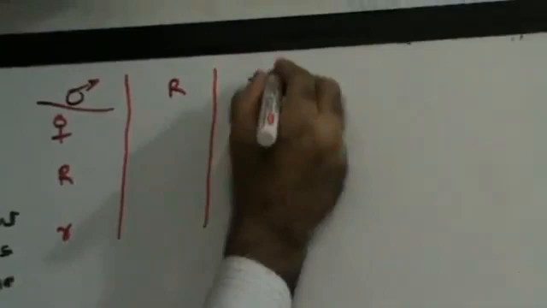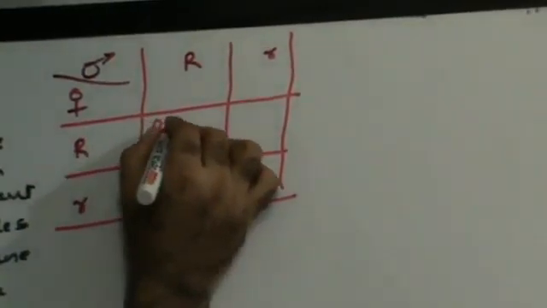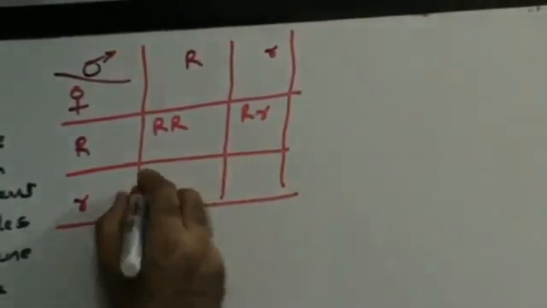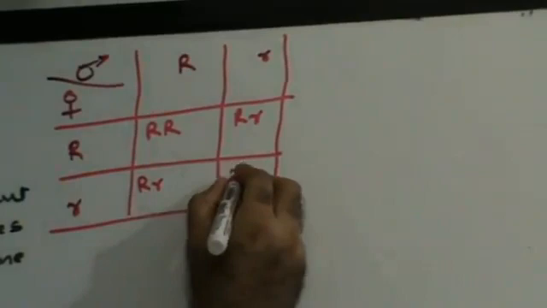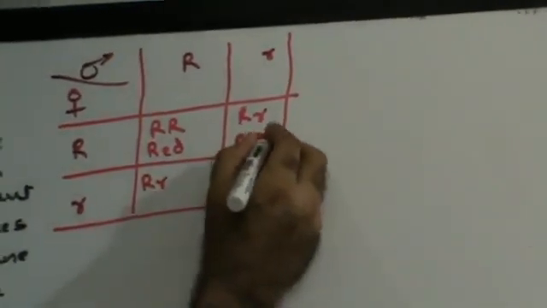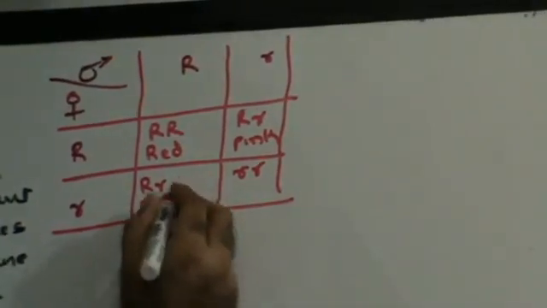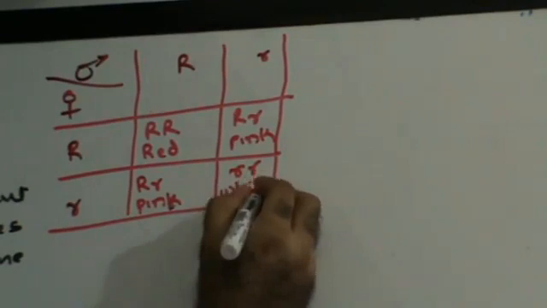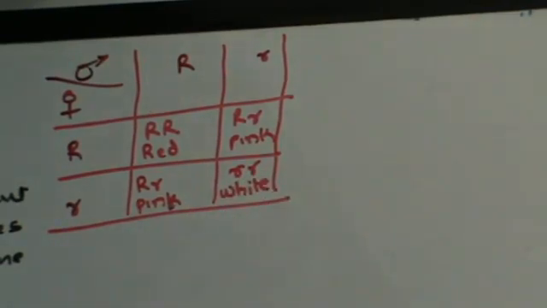So I'll get RR, Rr, Rr, rr. You will get red, pink, pink and white, in a 1:2:1 ratio. Right? So that is incomplete dominance.